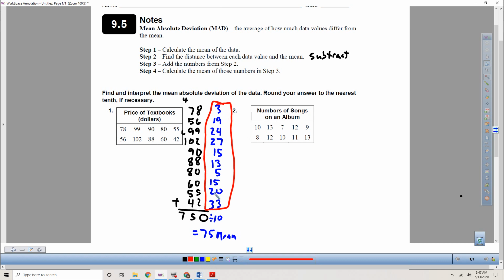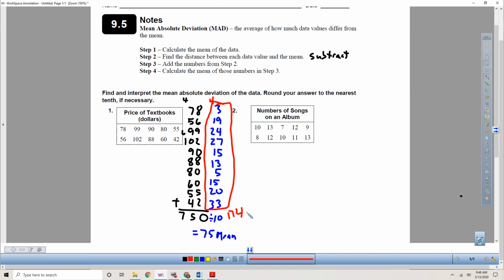because we're going to find the average of what each number is away from 75. So, here we go. I'm going to add all these up. 3 and 9 is 12, 13, 14, 15, 16, 23, 28, 31, 36, 41, 44, carry my 4, 4, 5, 6, 7, 8, 9, 10, 11, 12, 13, 14, 15, 16, 17.